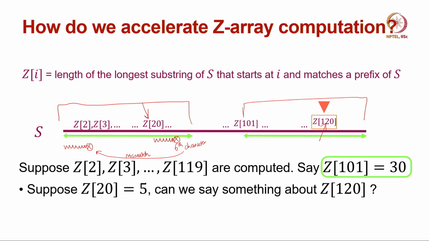So in order to know the longest substring that matches from this position onwards, I can utilize the value of Z20. Because the first 5 characters here match the prefix, I can immediately infer that the first 5 characters from position 120 will also match the prefix, because these are identical to these, and these are identical to these characters.